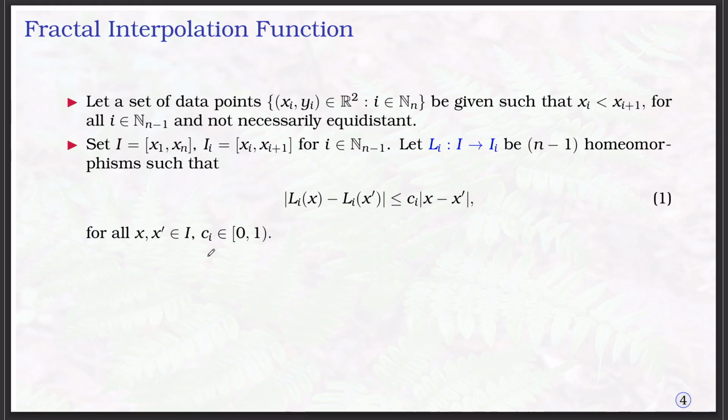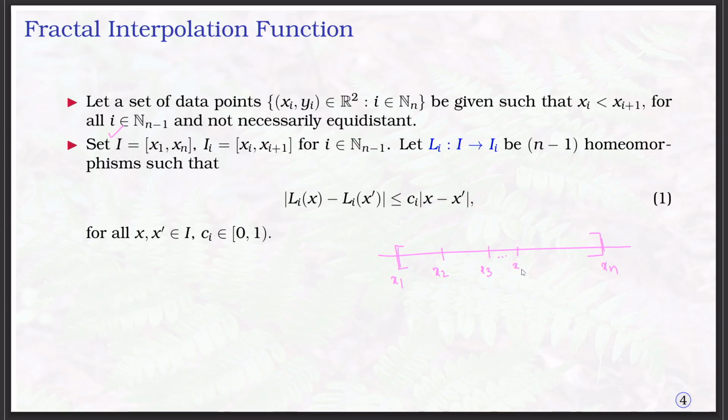Then, here we are defining I as the closed interval x1 to xn. That means if we have the data points from x1 to xn, take this as a closed interval, that is our I. Then Ii is each sub interval, maybe like this: x2, x3, and so on.